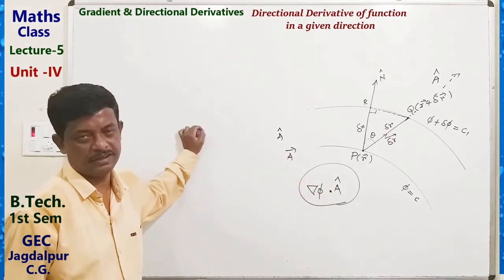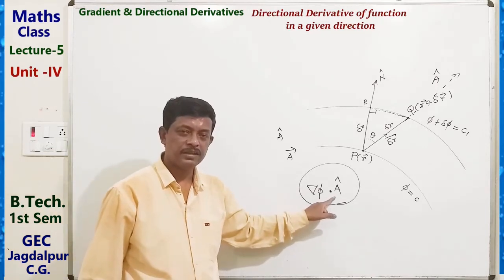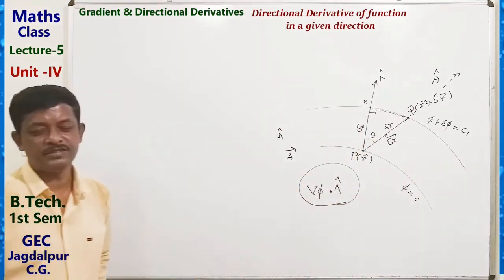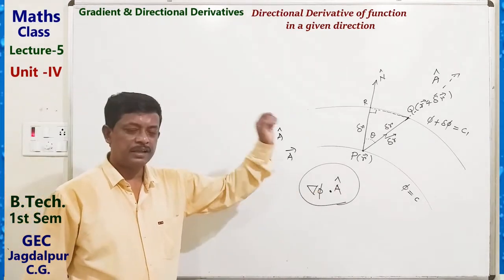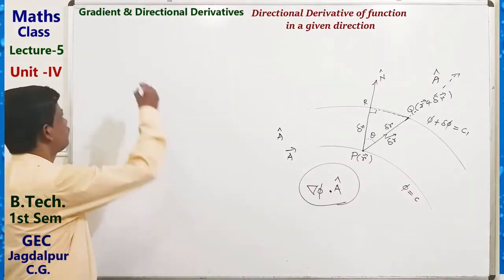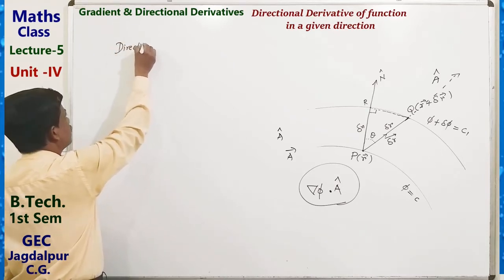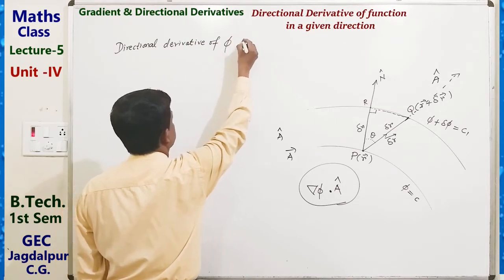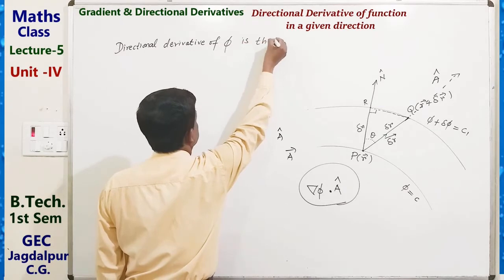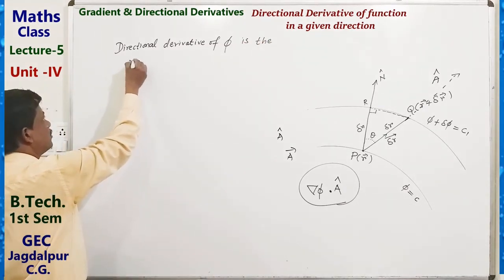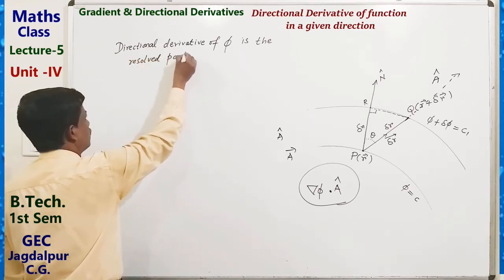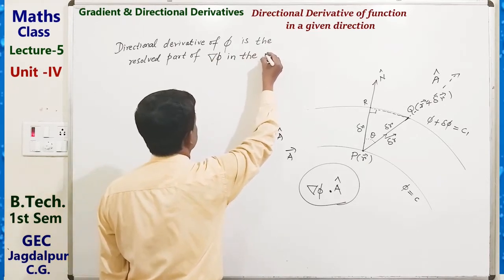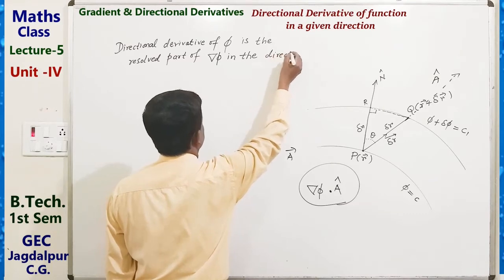Direction is in the direction of the vector A. This is called the directional derivative along the vector A. That is, we can say that the directional derivative of phi is the resolved part of del phi in the given direction.